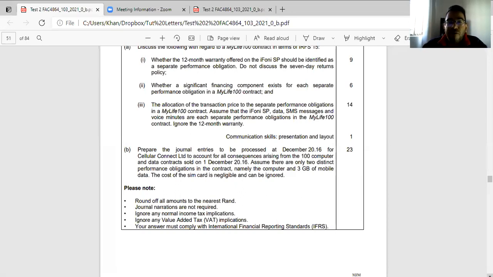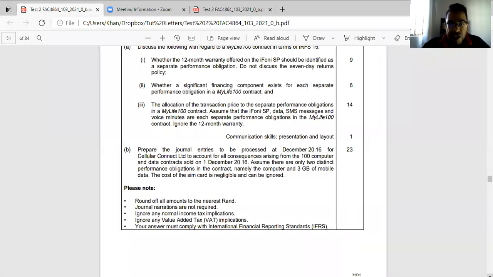They told us the performance obligations: computer and data. Ignore the SIM card. So two performance obligations. Step number 3, determine the transaction price. We determined it already as we read the scenario, 349 times 24.